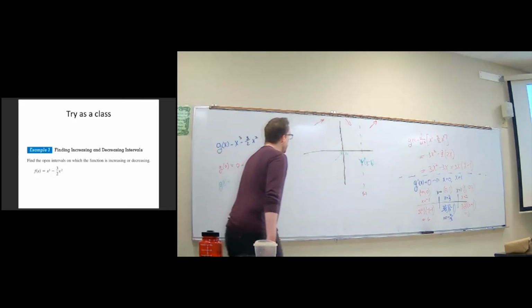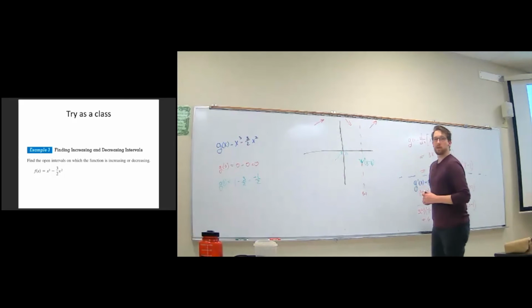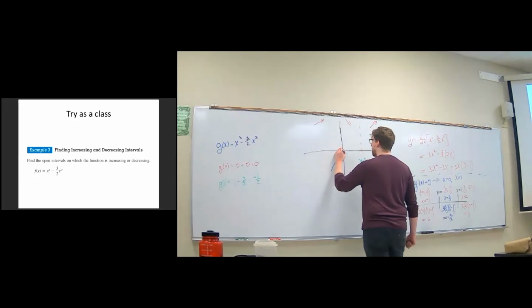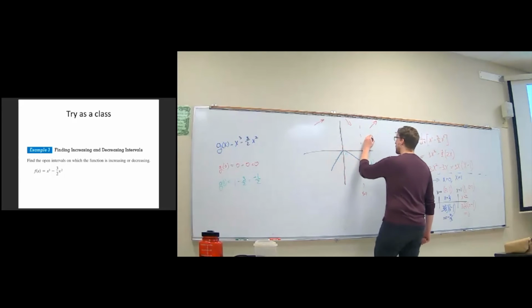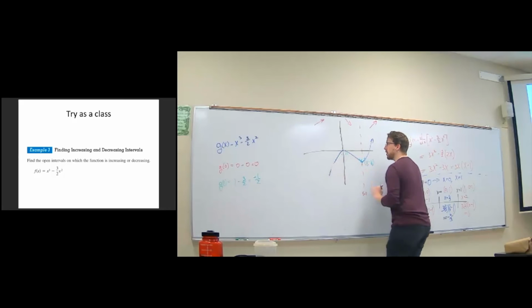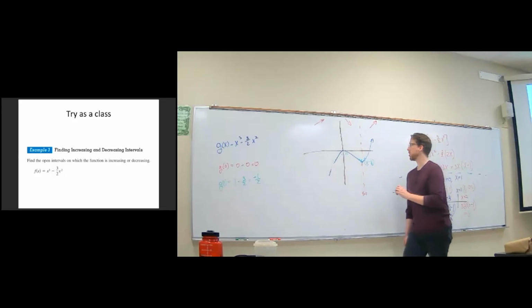So now you say, all right, that's a cubic. So I know it's pretty smooth. I know it's going to look something like that. Which is exactly what the graph was. Does this make sense to everyone? Yeah.